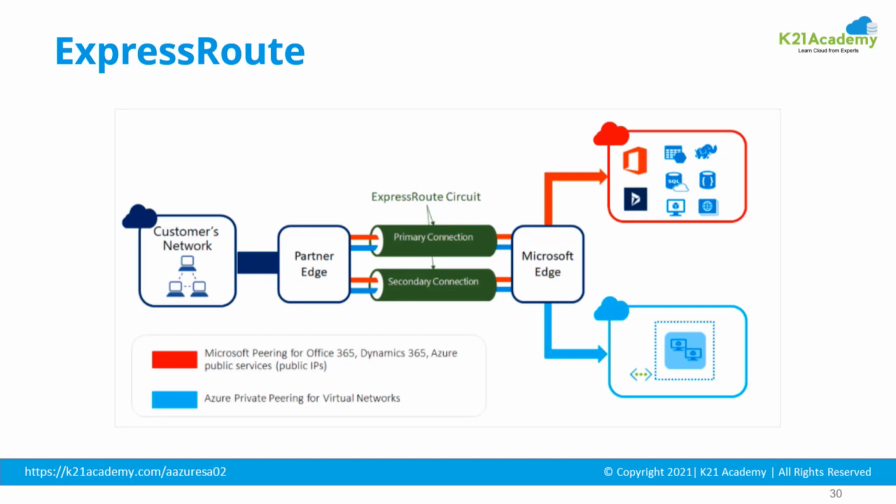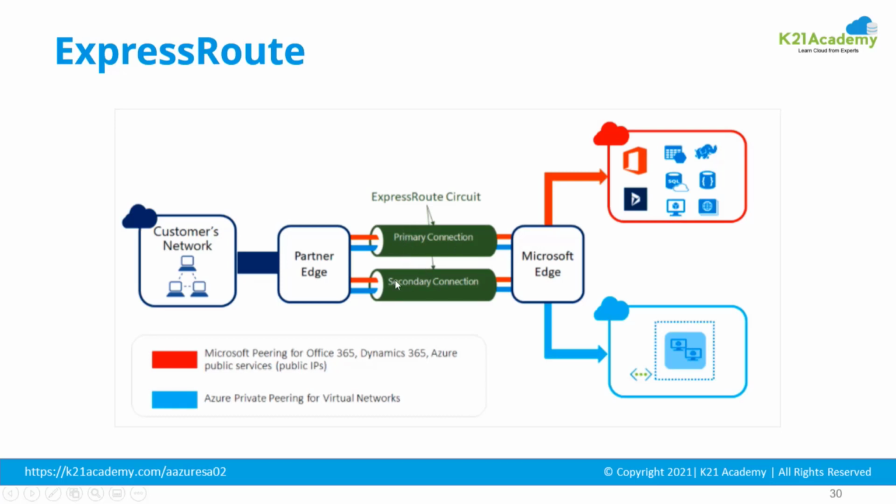Both are ways to connect, but ExpressRoute is a dedicated gateway, or assume this is a dedicated pipe between the customer's network and the Microsoft network. This is what you see as Microsoft Edge. So one end is the Microsoft cloud, and another end of this ExpressRoute is here. The customer will configure some devices on their side, and then there will be two dedicated pipes for high availability, also called ExpressRoute circuits.